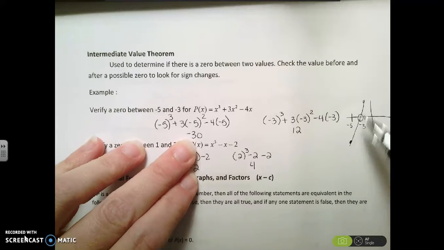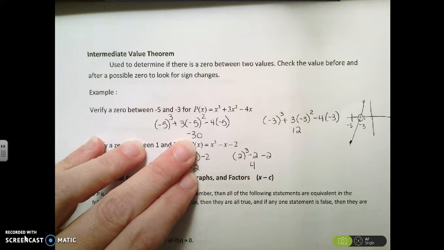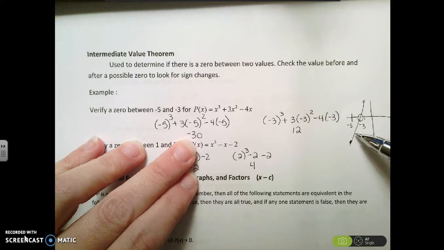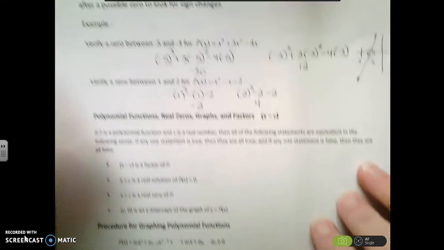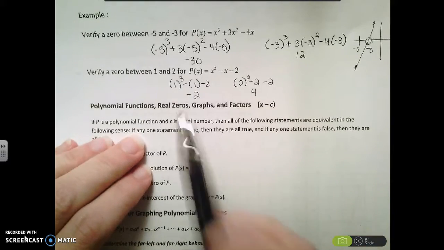We know that there's some 0 in there. Now, I don't know if it's -4. It could be some other 0. It could be -3.6. We don't know what the 0 is, but we can verify that there is a 0 between those two values. Again, not quite as useful as some of the others, but it does help sometimes.